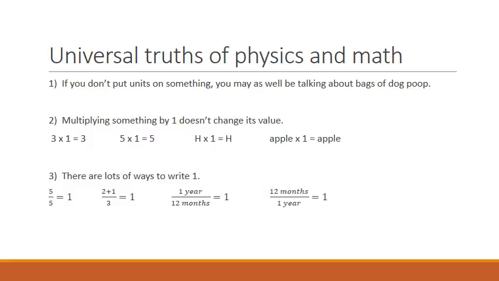So I could replace any of the number 1s in that second chunk with 1 year over 12 months, and it's not going to change the accuracy of the equation. And of course, if 1 year over 12 months is 1, then you can flip that fraction as well. 12 months over 1 year is also equal to 1 because the top and the bottom of that fraction are equivalent as well.